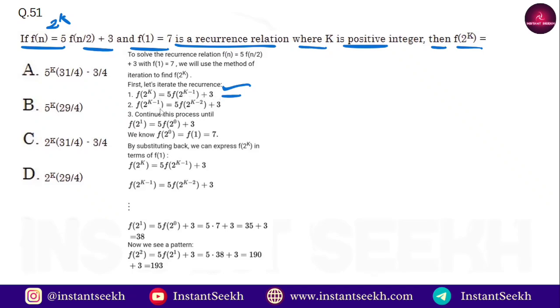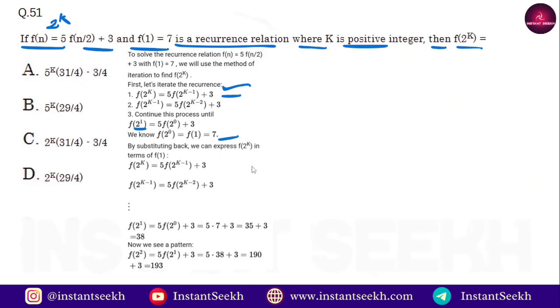Again, if we go for the next iteration, 2^(k-1), then we will get 5 f of 2^(k-2). Accordingly, we continue this process until f of 2^1 is 5 f of 2^0 plus 3, and we will get 7.